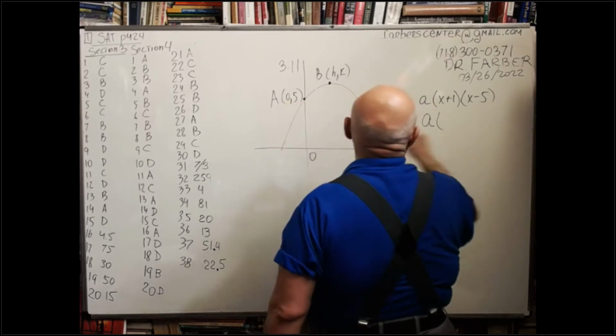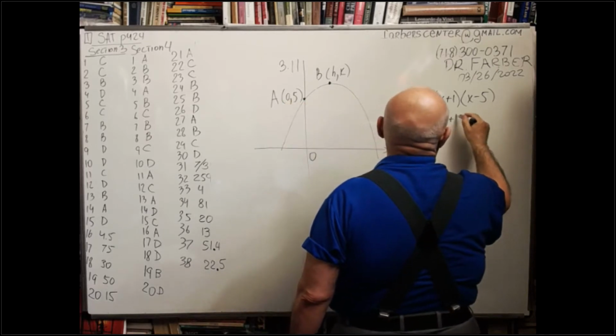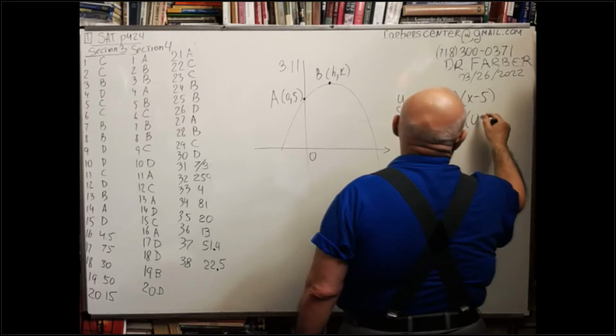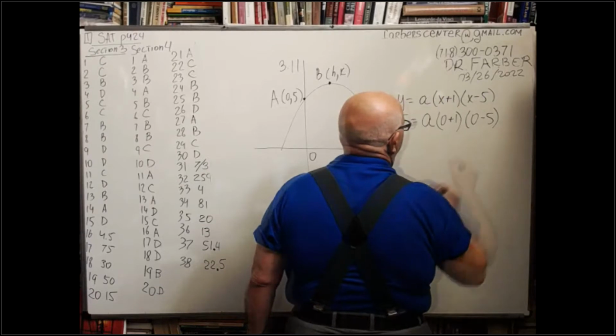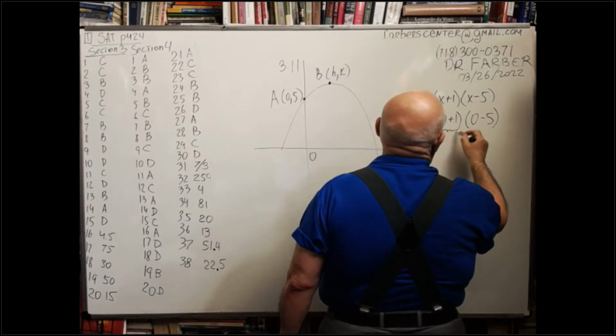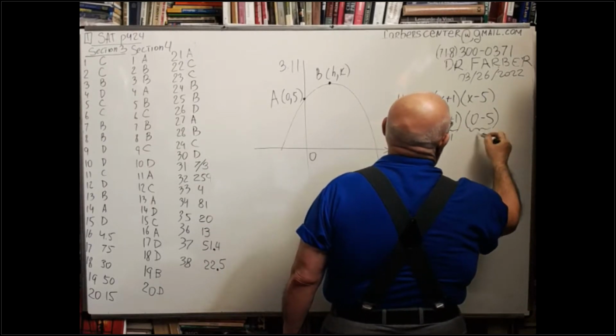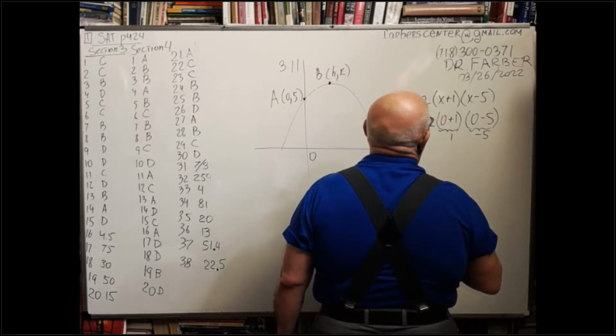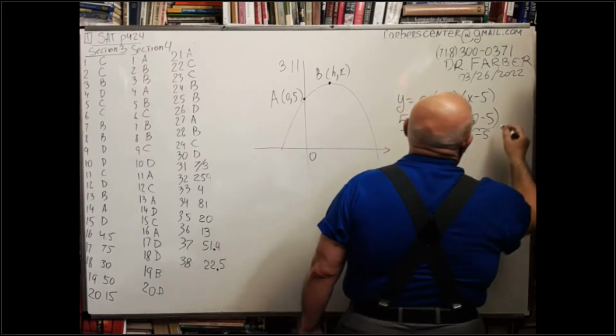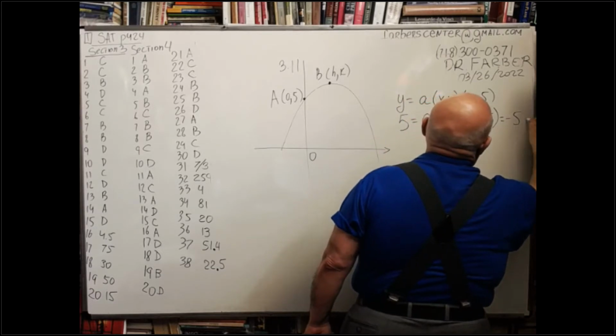x equals 0. And you have this is 1, this is minus 5. Okay, and you have minus 5a.